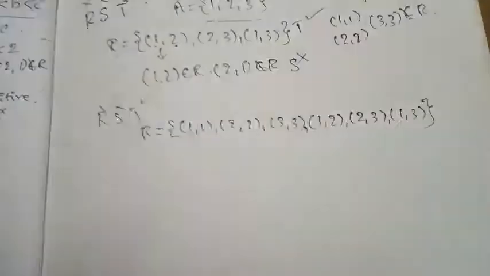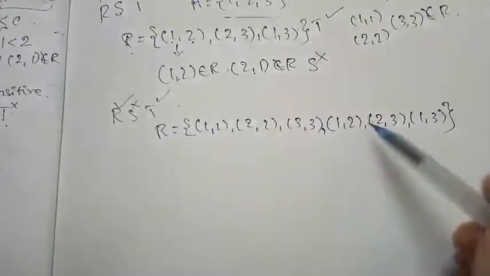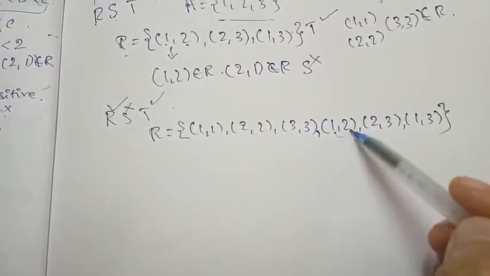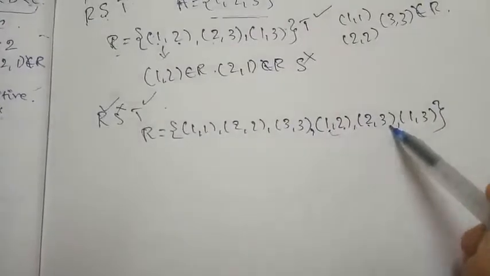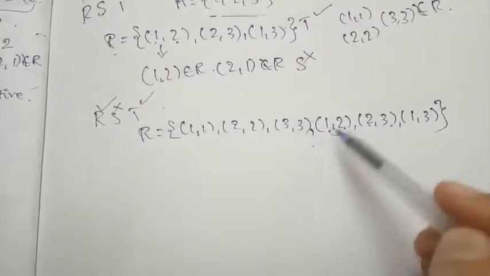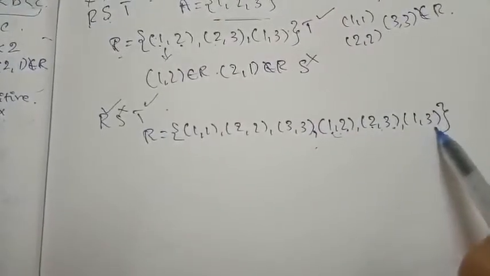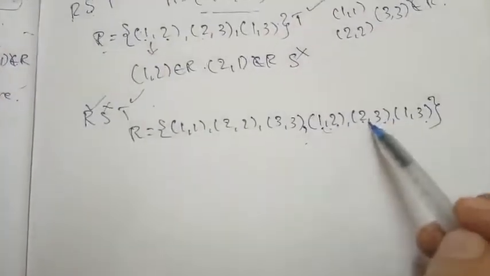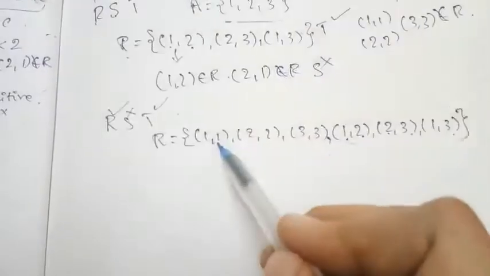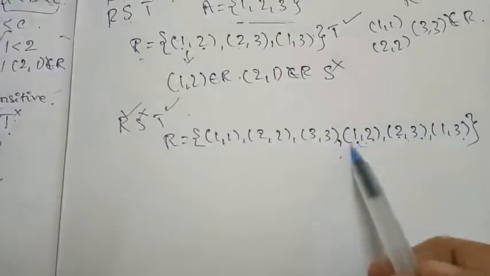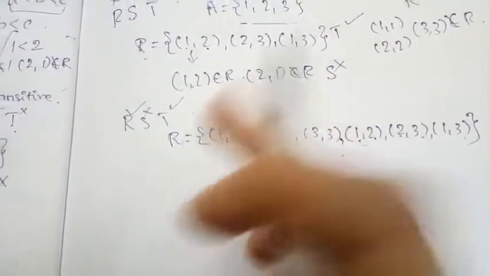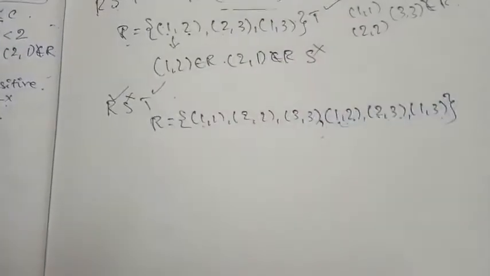Yes, obviously this is transitive, because (1, 2) and (2, 3) belong to the relation, so (1, 3) also belongs to the relation. You can even compare these elements with the doublets, and if any ordered pair is compared with the doublets, we get the same ordered pair itself.